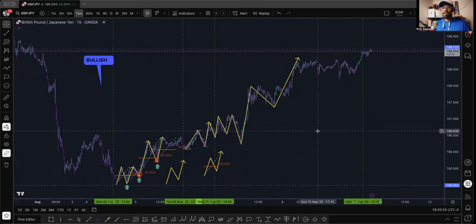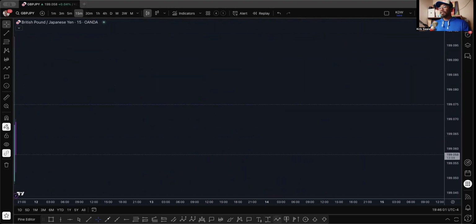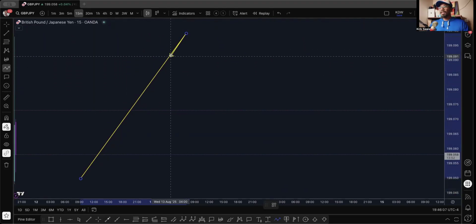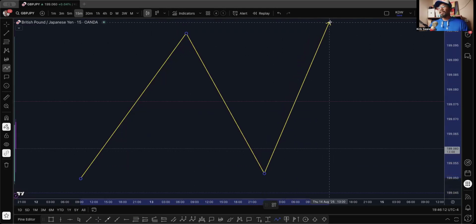Now, everything that goes up also comes back down. And what that is going to mean, this is a simple version of it. This was an uptrend that came out here, and then a downtrend happened over here, and then an uptrend happened again.